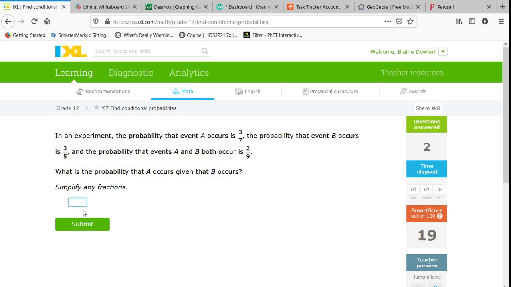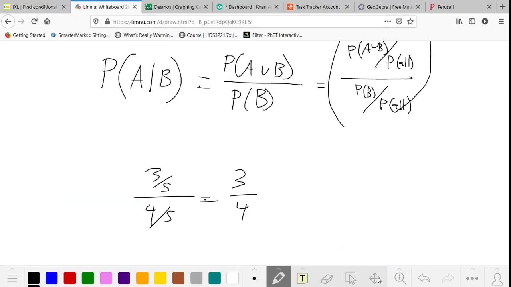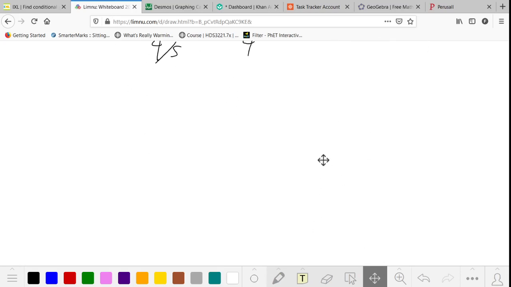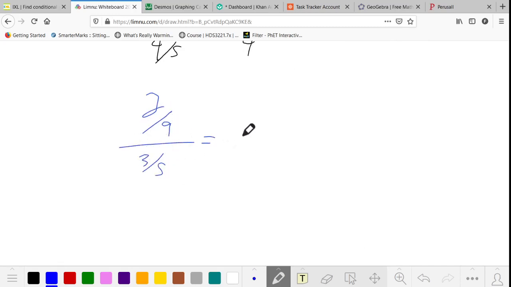Now, in this experiment, the probability that A occurs is 3/7, B is 3/5, and A and B is 2/9. So again, A given B is 2/9 divided by 3/5. So 2/9 divided by 3/5 is 10 out of 27.